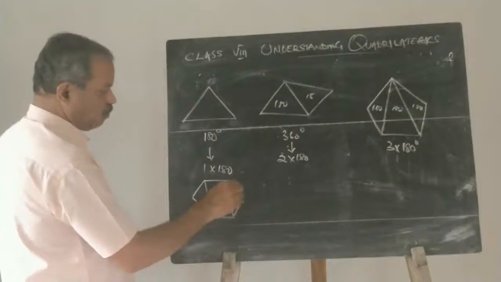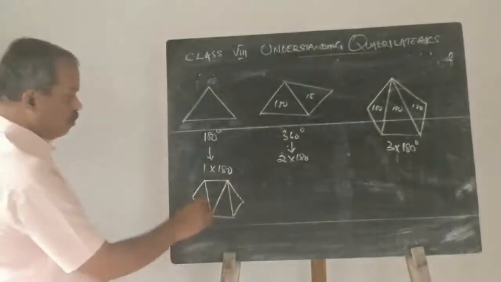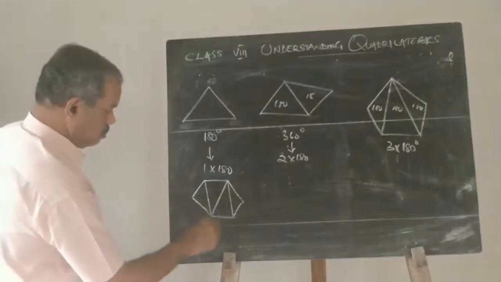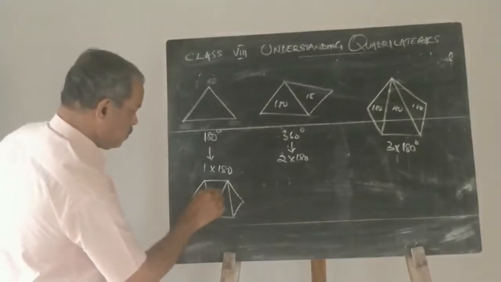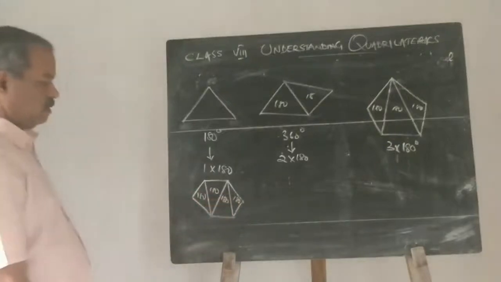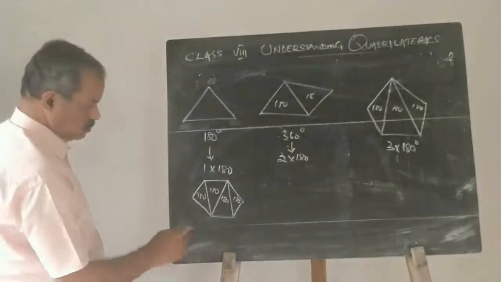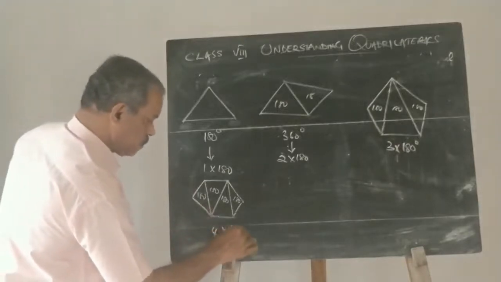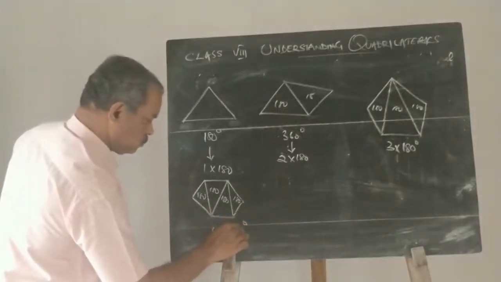We get 1, 2, 3, 4 triangles. So 180, 180, 180, 180. 4 into 180.